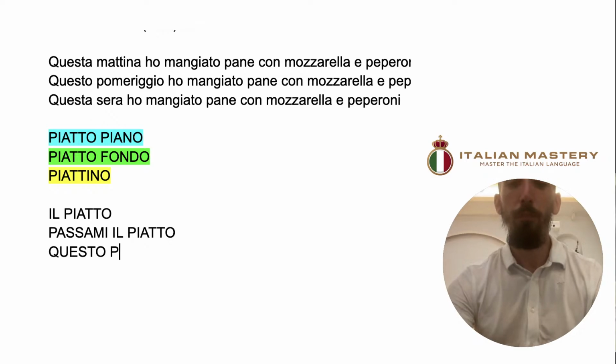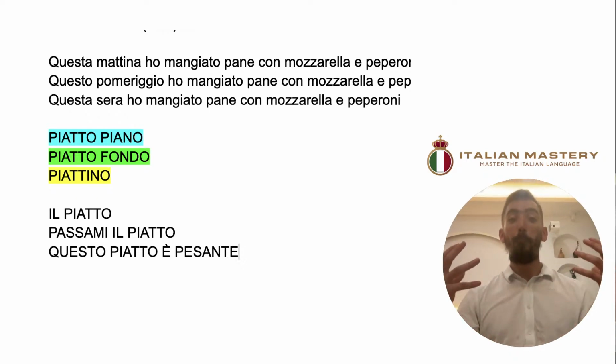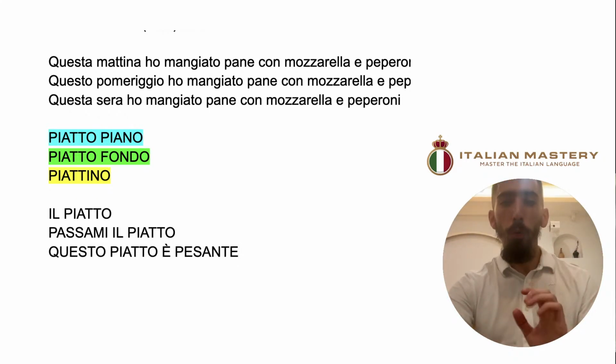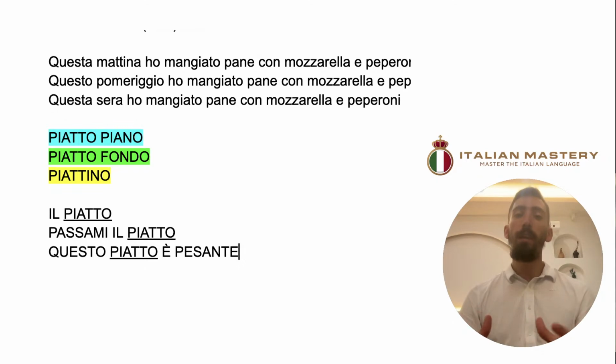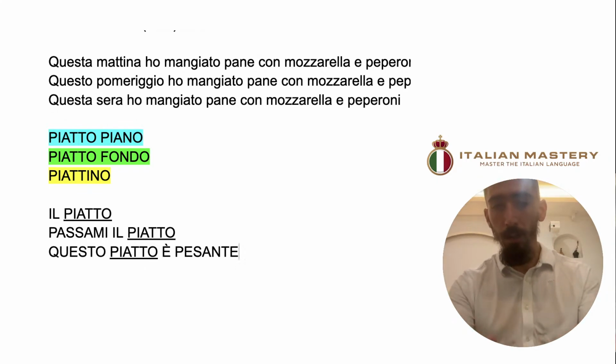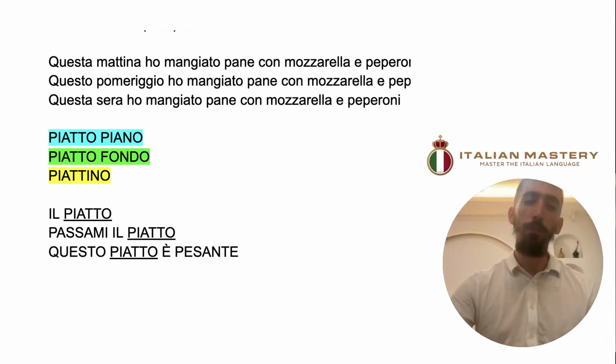Questo piatto è pesante. This plate is heavy. So these examples treat the word piatto as a noun. So piatto can indeed be a noun, and we're using it as a noun today. Piatto, il piatto.